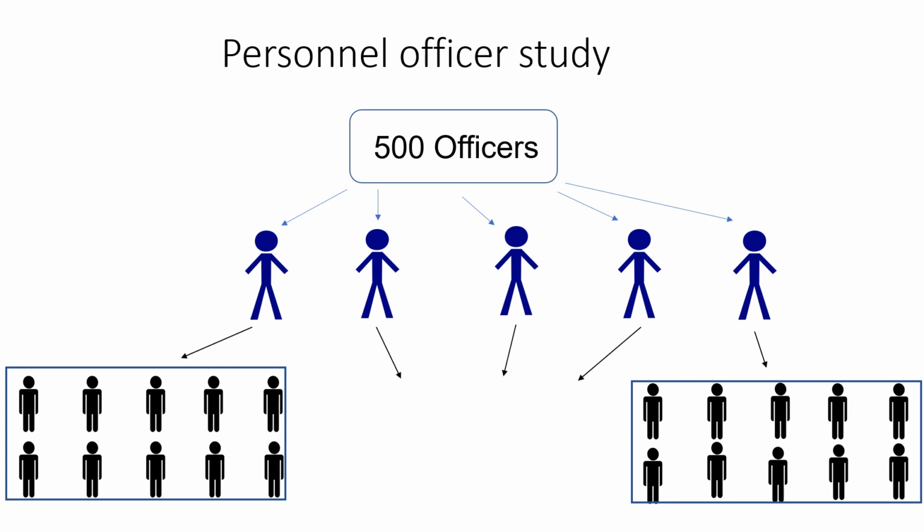As a result, we have a model with one officer factor with 5 levels, and 50 observed ratings represent the response.